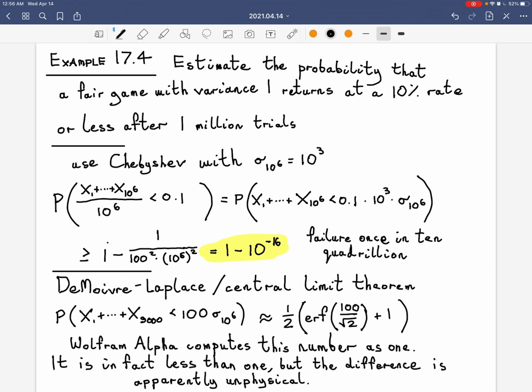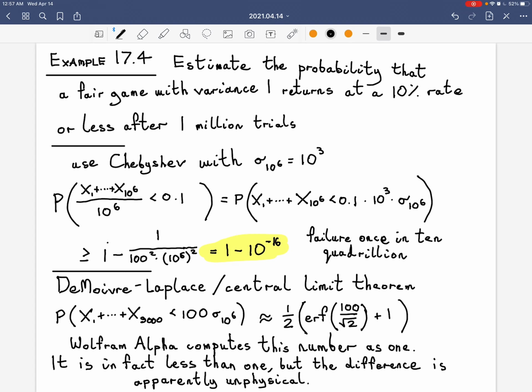A good way to write that in scientific notation is 1 minus 10 to the power of minus 16. Because this is such an incredibly high probability, what you need to communicate is the order of magnitude in the exponent, which just tells you how many times can I do this while it still looks like 0. If you do it 10 to the 14 times, it's going to look like 0. You do it 10 to the 18 times, well, it doesn't look like 0 anymore.